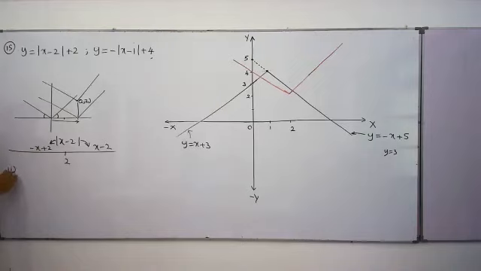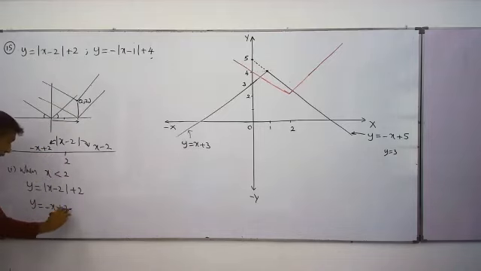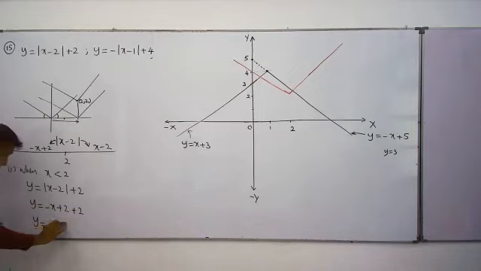Then the first one is when x is less than 2, I'm going to find the corresponding equation for the left hand side. y equals mod x minus 2 plus 2. But on the left of 2, mod x minus 2 is equal to this, no? y equals minus x plus 2 plus 2. I substituted for mod x minus 2 and this plus 2 we have. Then you can very clearly see here y equals minus x plus 4 coming.